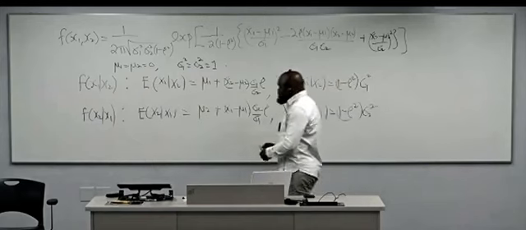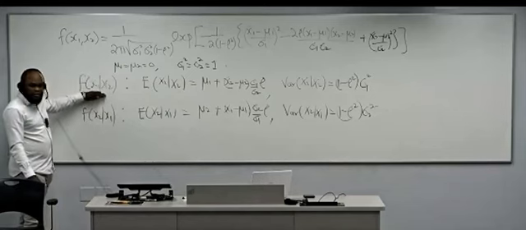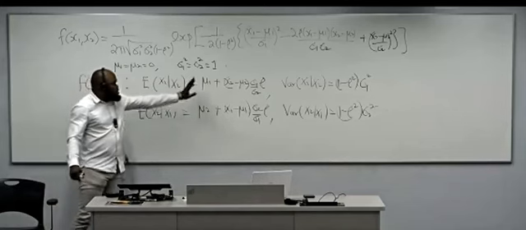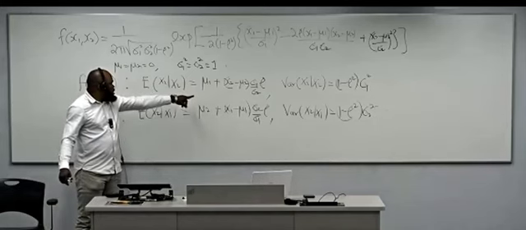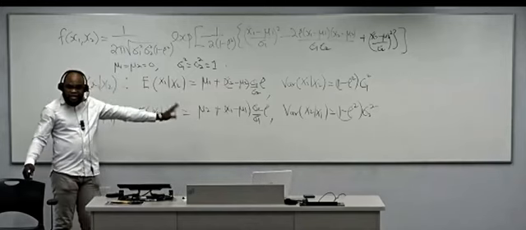Please, I need you to take note of this. From the joint density, we have the conditional mean, okay, and the conditional variance from this as well. Please take note.